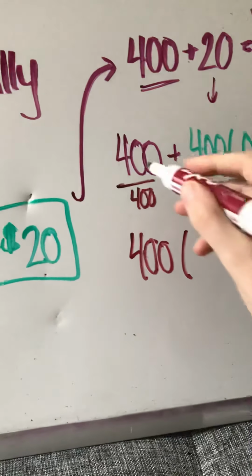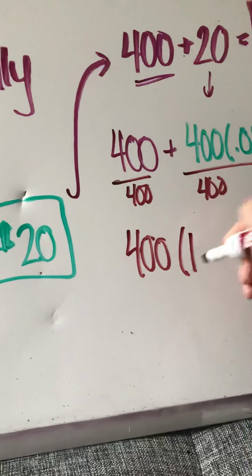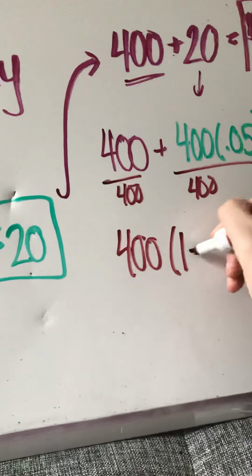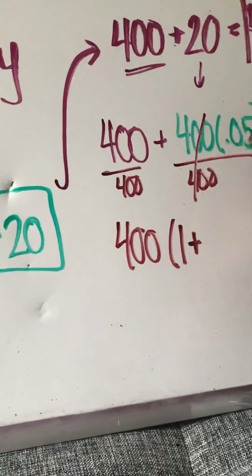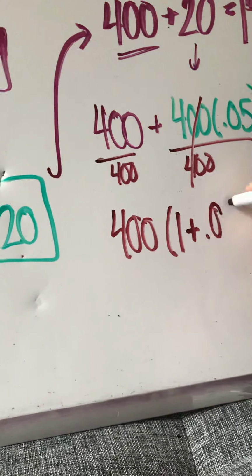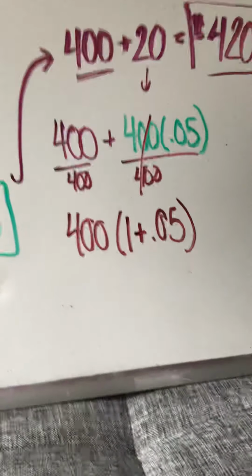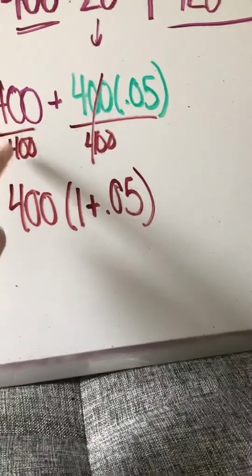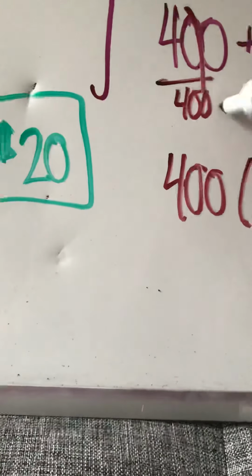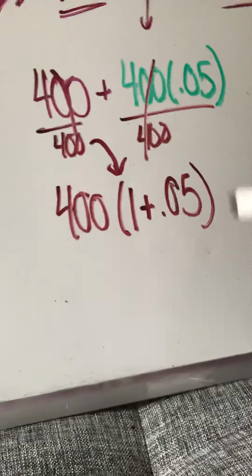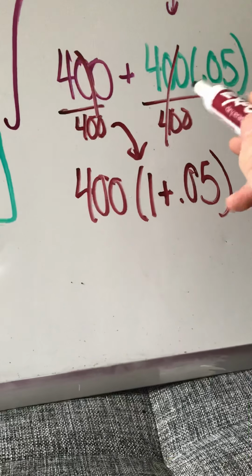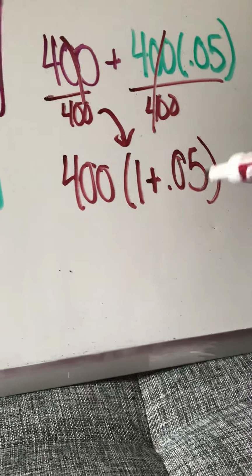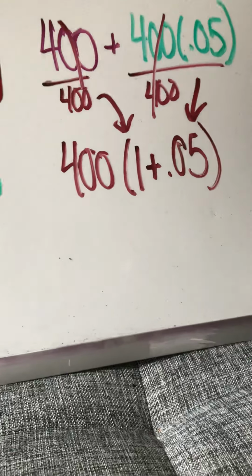And when I do that, that's going to leave me with 1, because that whole thing is going to become 1, plus that's going to cancel out, and it's going to leave me with 0.05. Okay? So that 400 divided by 400 gave me that 1 there. This 400 times 0.05 divided by 400 just left me with the 0.05.